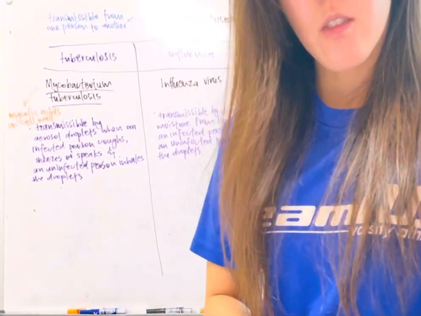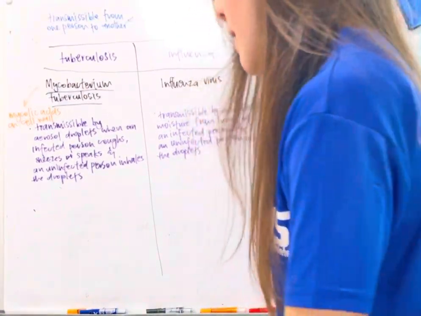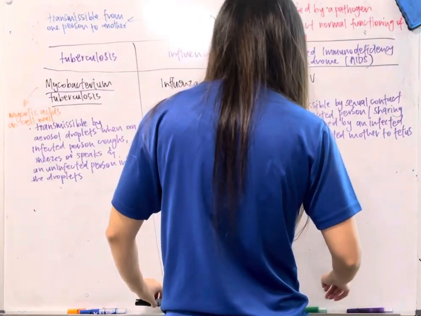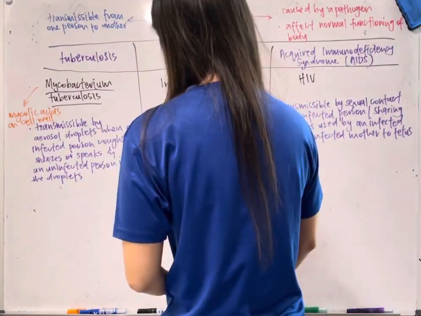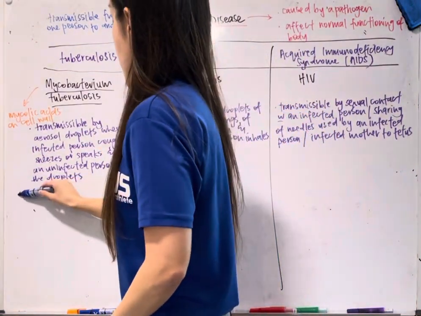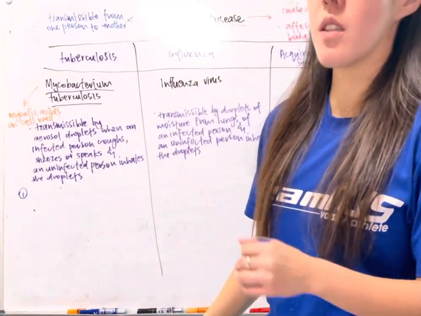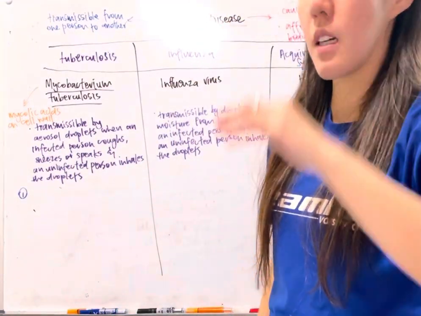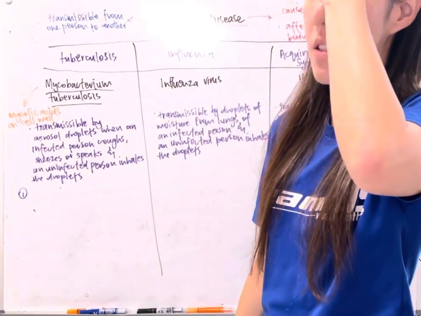Okay, so I know I described from here. I'm going to write down, so at least when you write down, you know what the step-by-step process is. First one, if you want to have tuberculosis, what are the steps that occur once you have this tuberculosis?